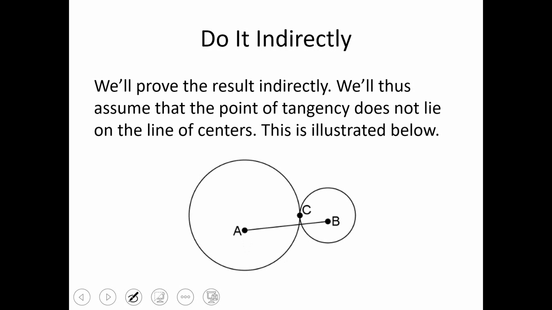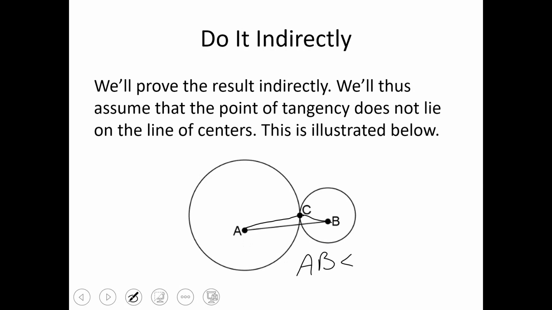Well, what does one do? One creates a triangle, of course. So let us consider this triangle. Well, by the triangle inequality, AB is less than AC plus BC. So this is just the triangle inequality, right?